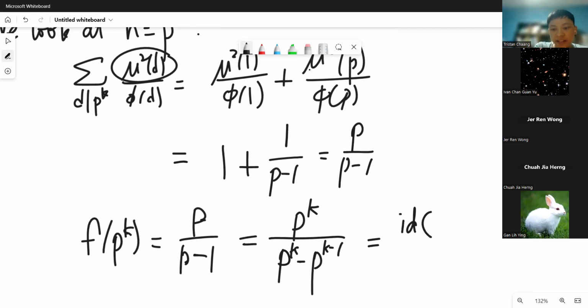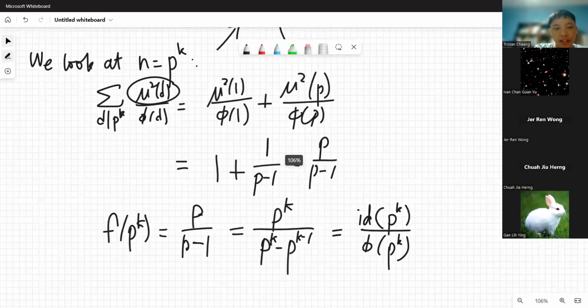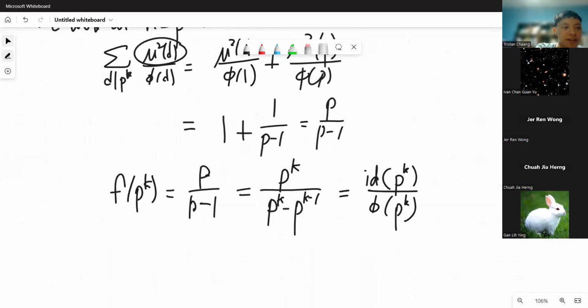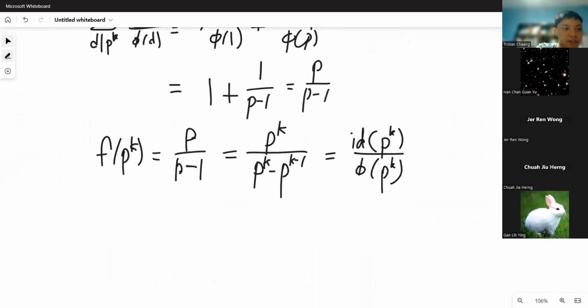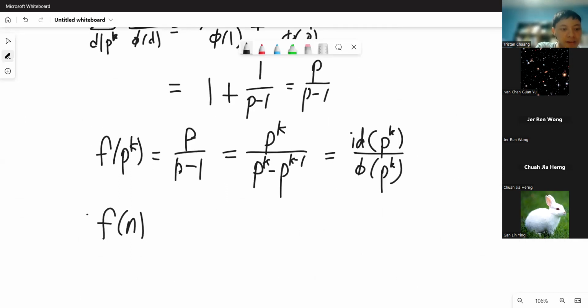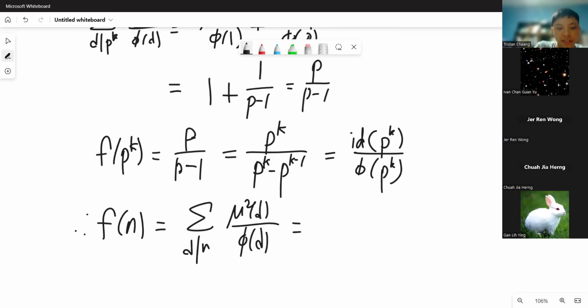It's the identity on the top and the phi function at the bottom, right? So that easily tells us that Fn, since f is multiplicative anyway, we can extend this for all n. So Fn, which is what we wanted to find just now, the sum of mu squared d over phi d, is equal to n over phi n.